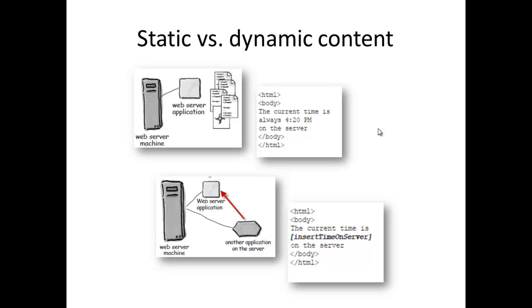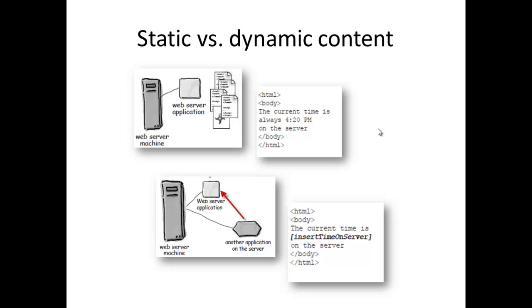As we go deeper into our course, we have to make sure that we distinguish dynamic from static content. This is static content. This page doesn't change, as you see. Therefore, if you request this page, the web server simply needs to know the location of that file, go get the file, embed it in the HTTP message and send it.